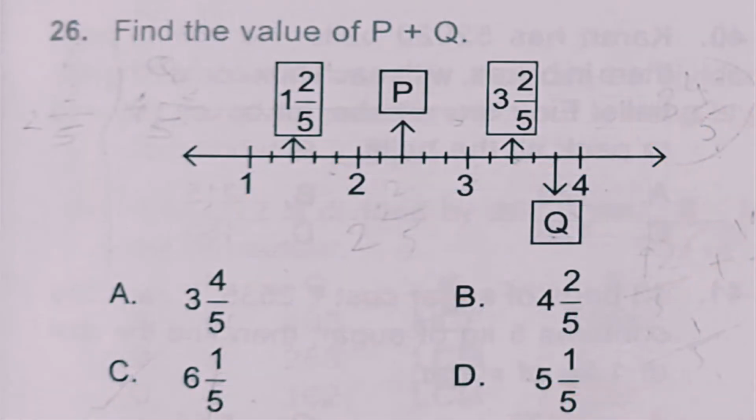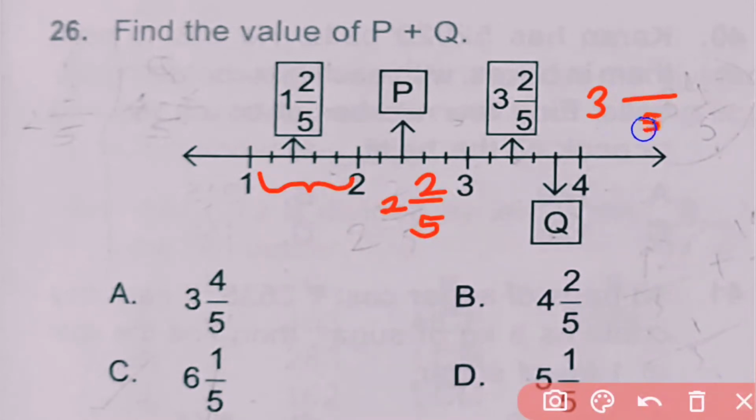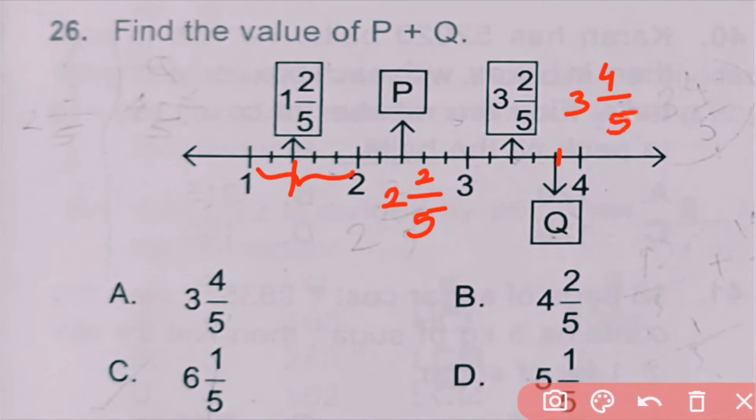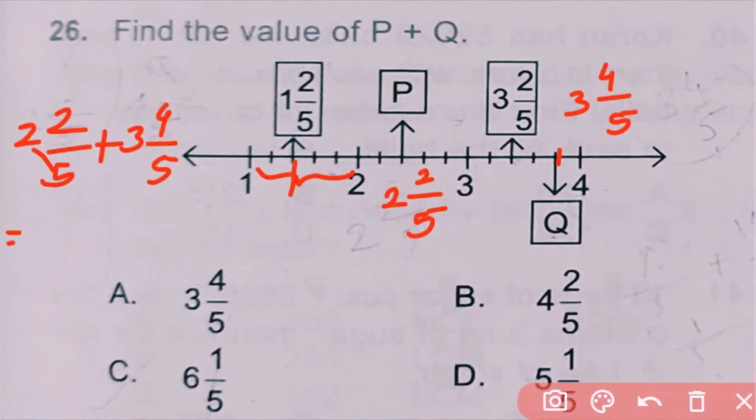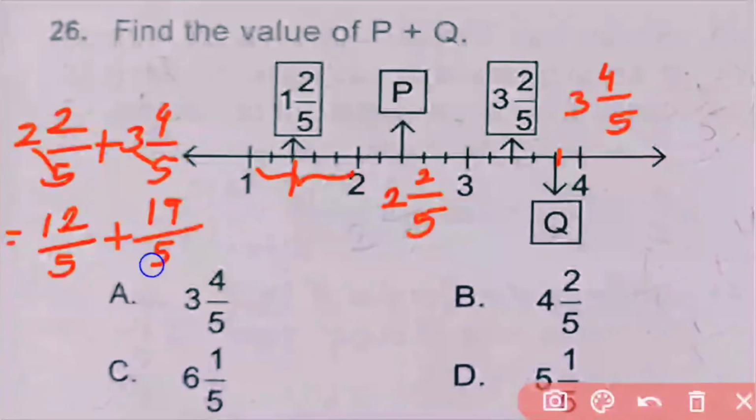Question number 26. Find the value of P plus Q. Here from 1 there are 5 lines up to 2. So P represents the 2nd line out of 5, and here Q represents 3, total lines 5, and out of 5, 4 lines, and we have to find P plus Q. So here 2 into 5 is 10, 10 plus 2 is 12, 12 by 5, plus here 3 fives are 15, 15 plus 4 is 19, 19 by 5.